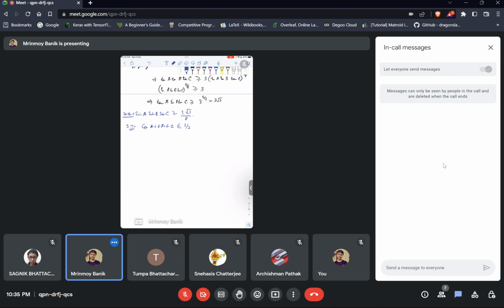Why is that? We can again go with the same pairing technique. Cos A plus cos B, that is 2 cos (A plus B) by 2 times cos (A minus B) by 2, plus cos C. C is again pi minus (A plus B).